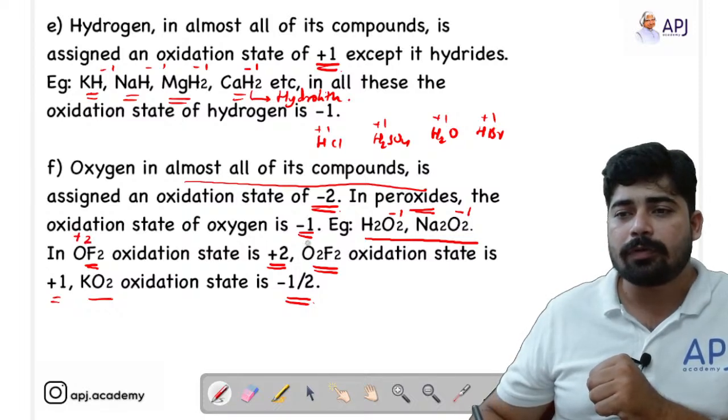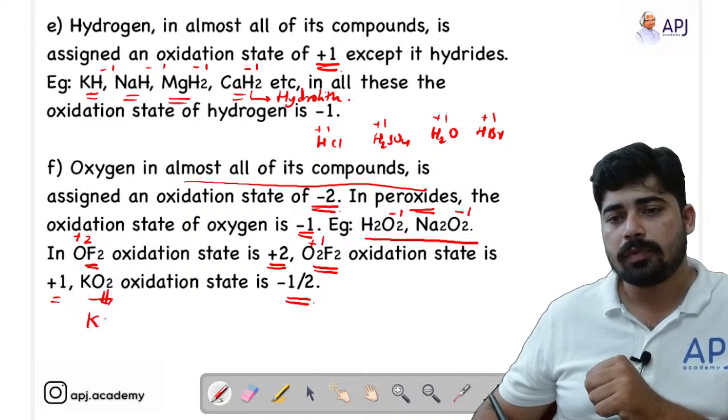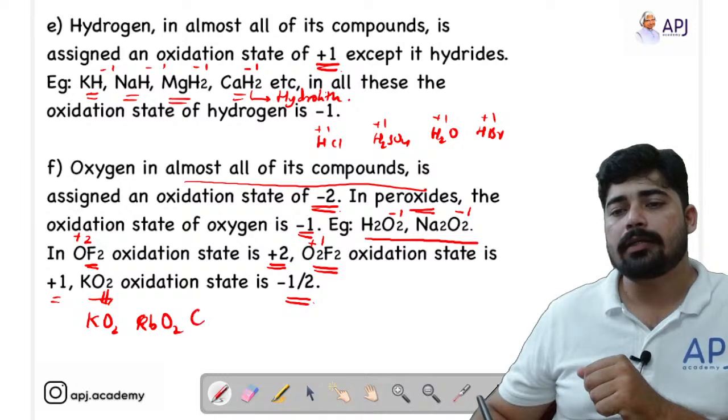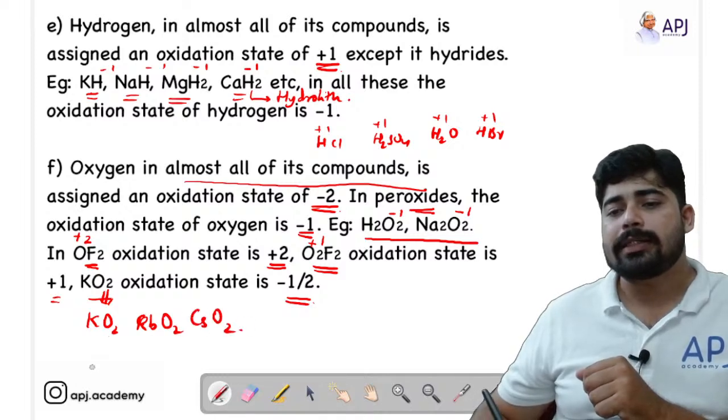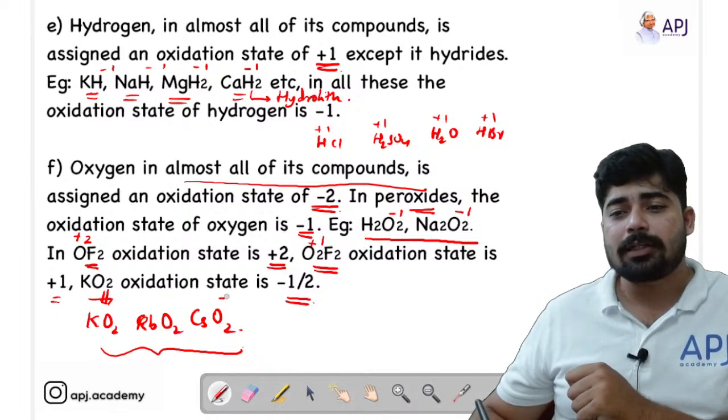In the case of O2F2, it is +1. And in the case of superoxides like KO2, RbO2 and CsO2, these are the three superoxides of alkali metals, in all these cases the oxidation state of oxygen is -1/2.